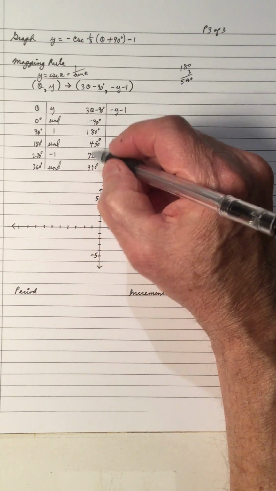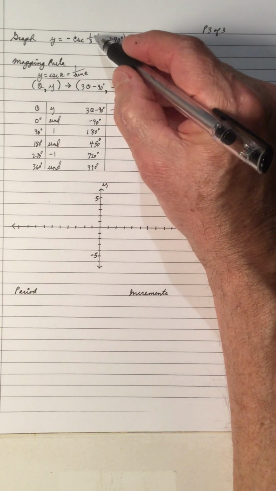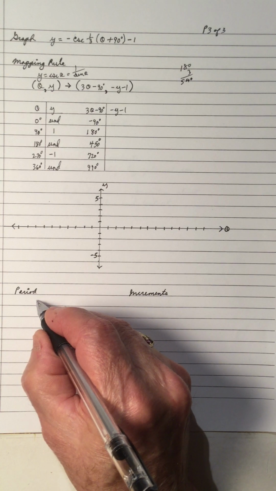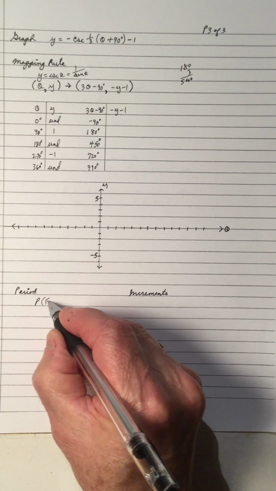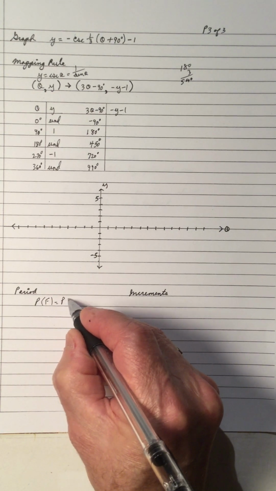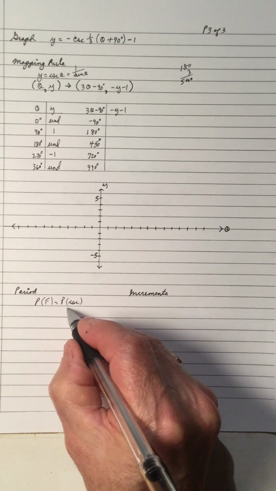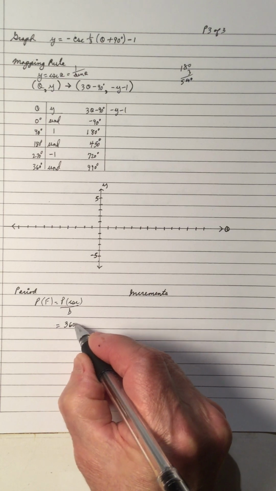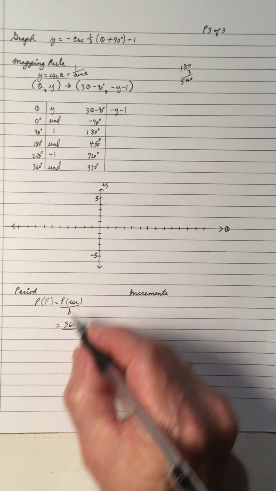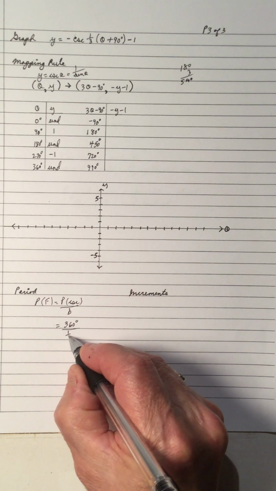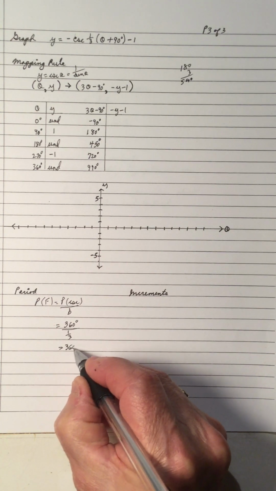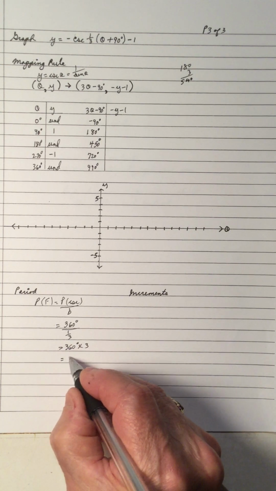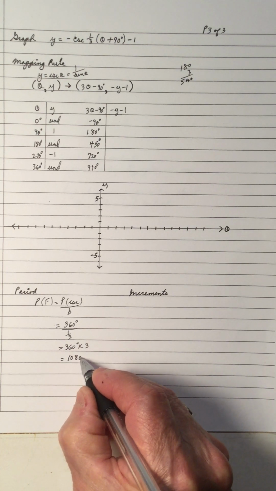So again, just to mention, let's look at the period while we're at it. The period of the function is the period of cosecant divided by b. So the period of cosecant is 360 divided by b. b is 1/3. So that's 360 times 3, the reciprocal, which gives us 1080 degrees.